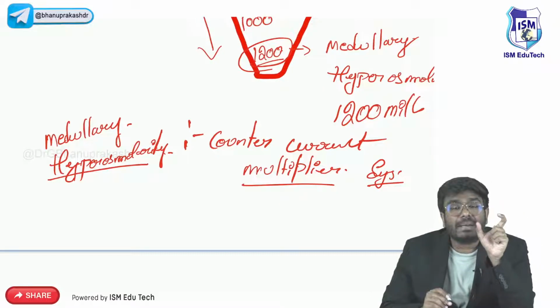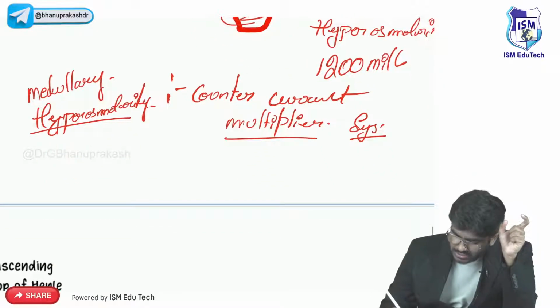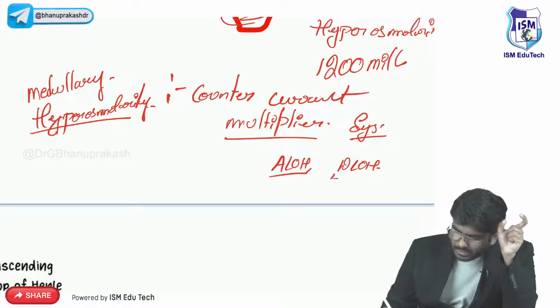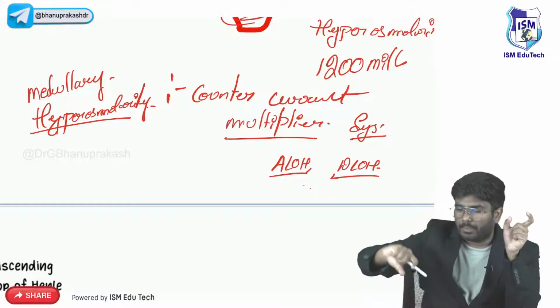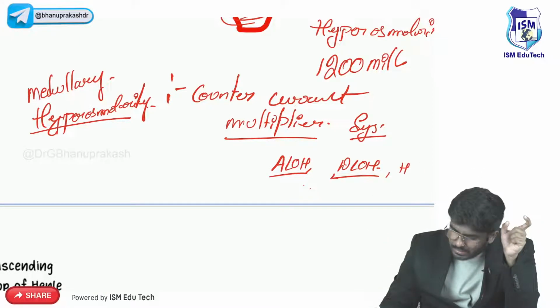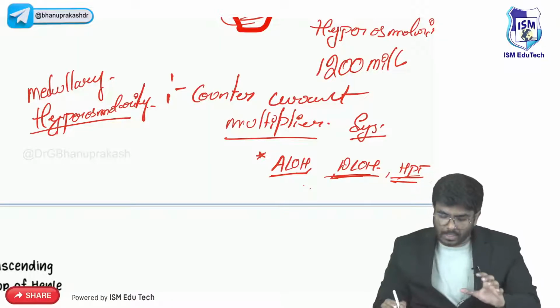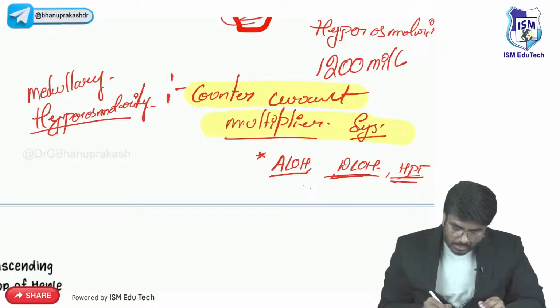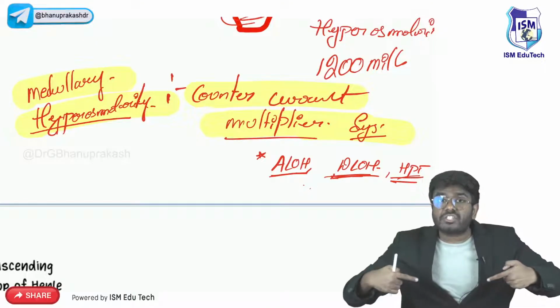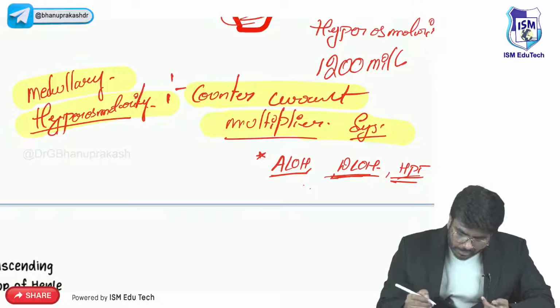The counter current multiplier system includes the ascending limb of loop of Henle, the descending limb of loop of Henle, and the hairpin turn. Descending limb, hairpin turn, ascending limb. They are all part of the counter current multiplier system. This counter current multiplier system is responsible for the creation of medullary hyperosmolarity.